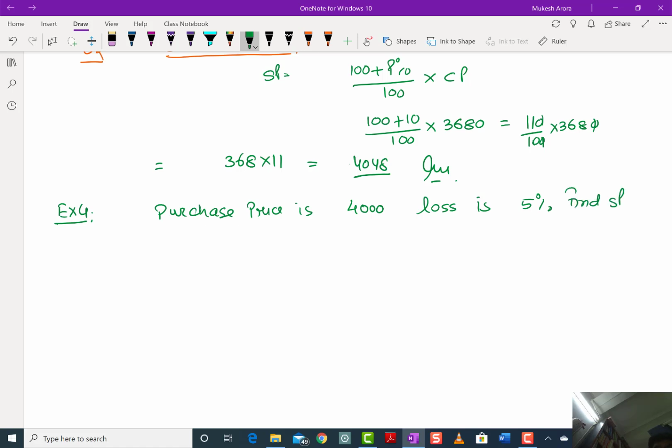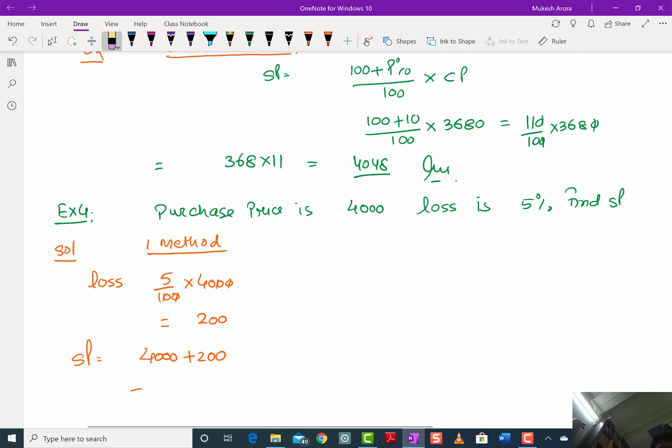Again we can do it by two methods. The first method is, we know that the loss is also on cost price, so loss will be 5% of 4000, that comes to 200. So the selling price is 4000 minus 200, so it will be 3800.